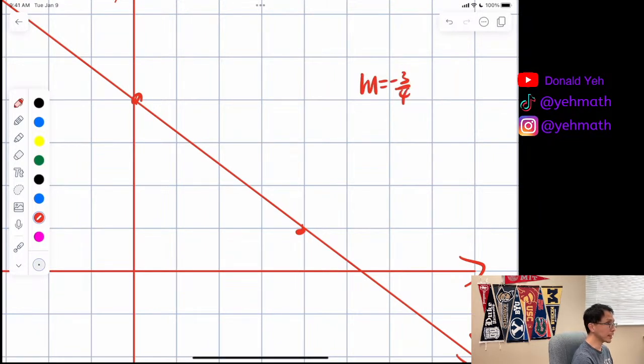And what's the equation of this line? Yep.